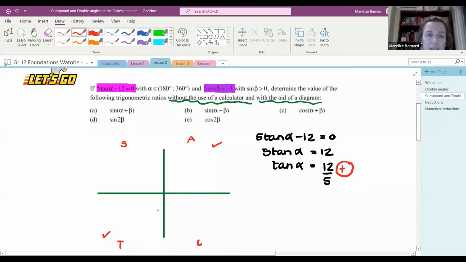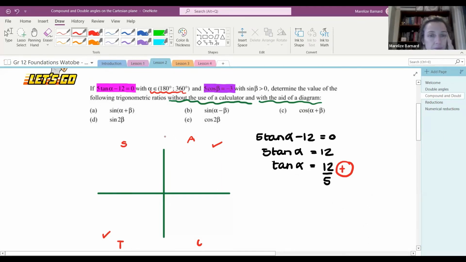Okay, so we've got two options here for quadrants. Obviously, we can't draw our little triangle in both quadrants. We need to determine which of the two quadrants to draw in. For that, we look here. It says that alpha must be between 180 and 360.